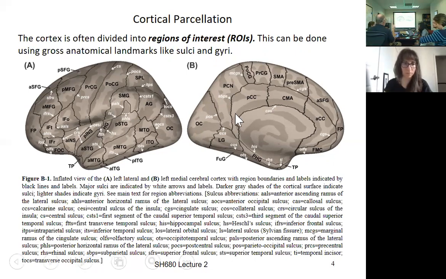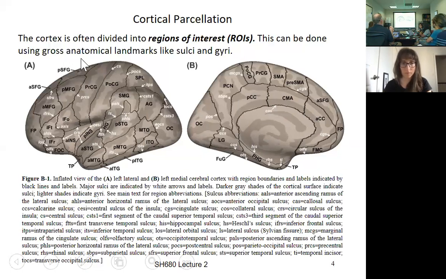So the innermost part of the cortex, the part that's most tucked in by the subcortical structures, is where you'll find the allocortex. This is the paralimbic cortex here, as well as the insula. This stuff is involved in motivation and things like that, that I'll talk about in detail.